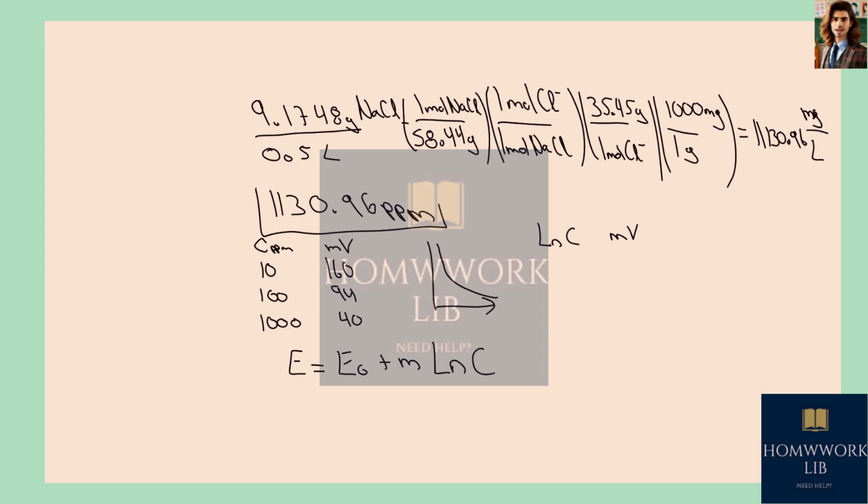So the logarithm of the concentration is 2.3026 if you round it up, 4.6052, and 6.9077. And the potential in millivolts is going to be the same, 160, 94, and 40.